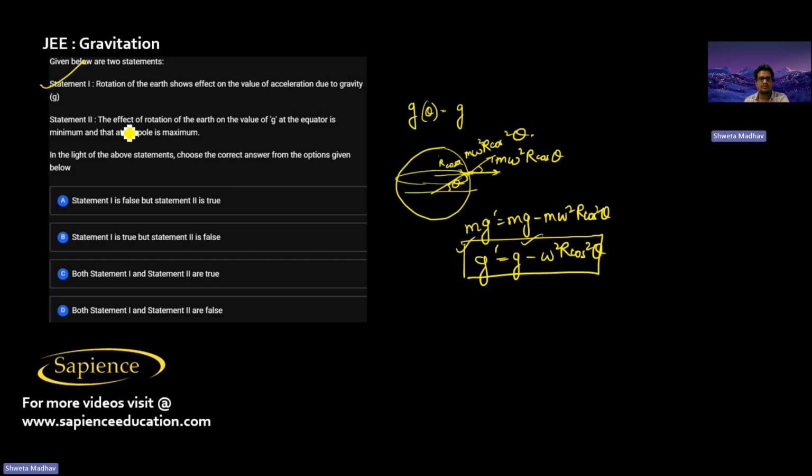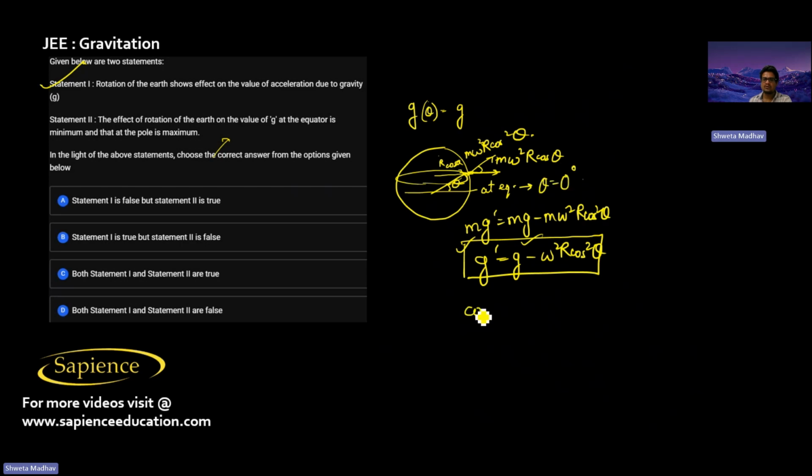The statement 2 is, the effect of rotation of the Earth on the value of G at the equator is minimum and at the pole is maximum. So which is wrong, since why? At the equator, the angle theta is 0 degree.